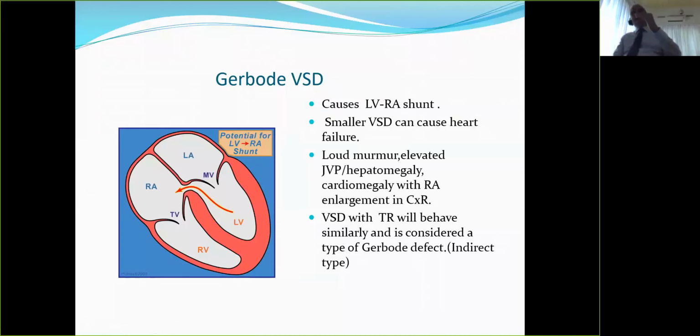And I had mentioned that heart failure and a loud murmur ordinarily do not go together. Because in a VSD, when heart failure occurs, the VSD is large and the murmur tends to be short. But not so for Gerbode. For Gerbode, even though the murmur is loud, there is clinical heart failure because the shunt is occurring into the RA. Is that clear?